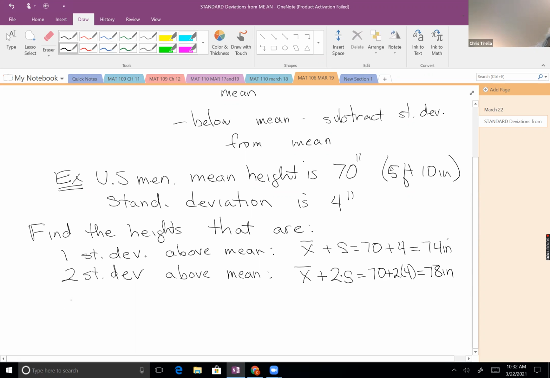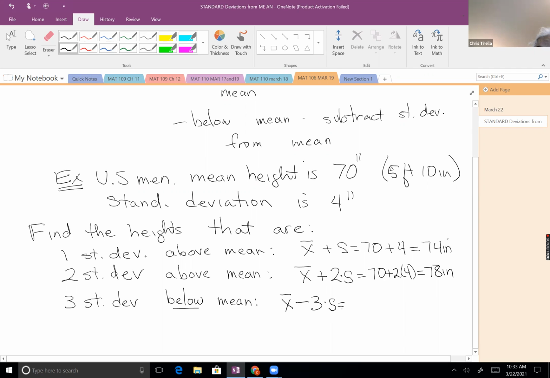Let's switch things up for the next one. Let's look for a value 3 standard deviations below the mean. And to go below means I want smaller. So instead of adding those standard deviations, I'm going to subtract. Here I want to subtract 3 times that standard deviation.